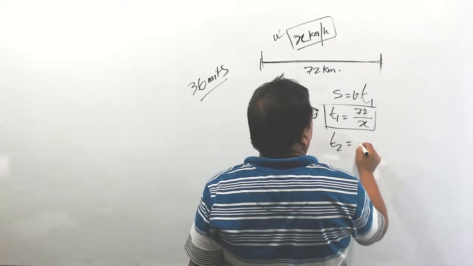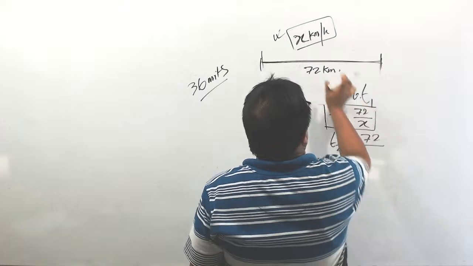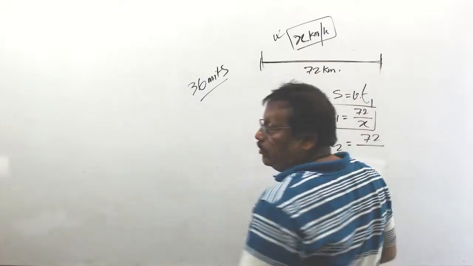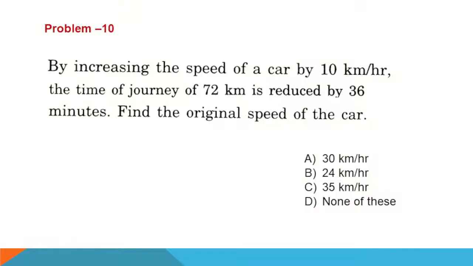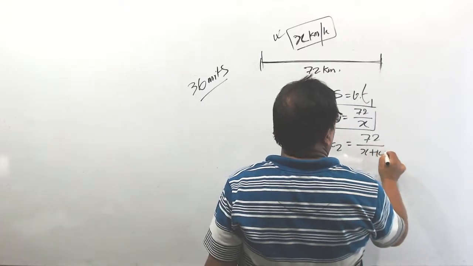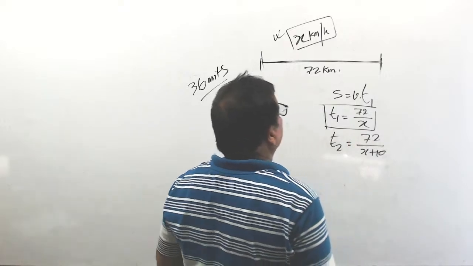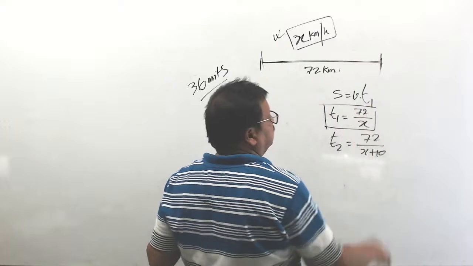What will be the time to cover the 72 kilometers? The speed is increased by 10, so say x plus 10. This is the time taken by the car at the higher speed.